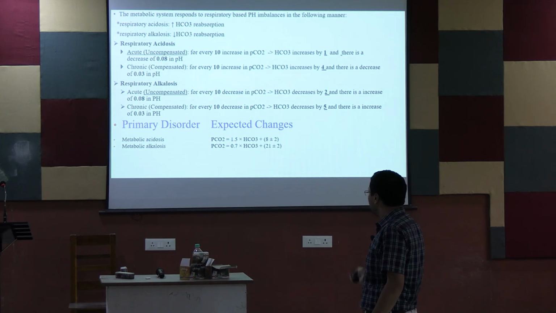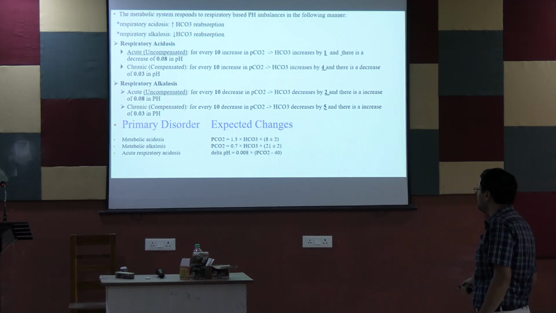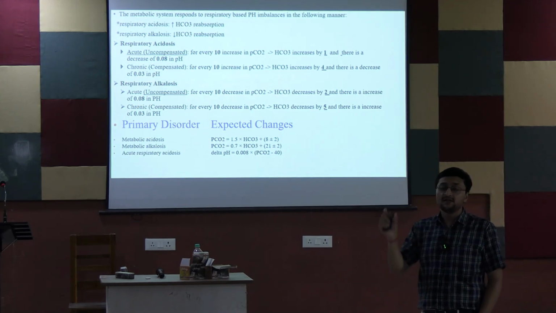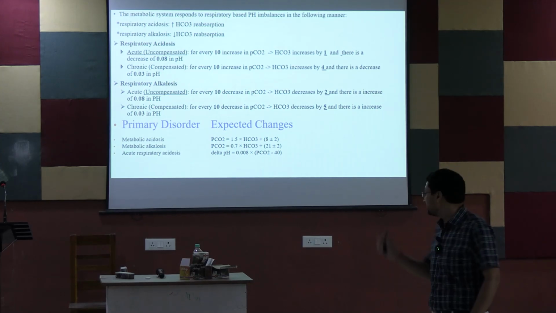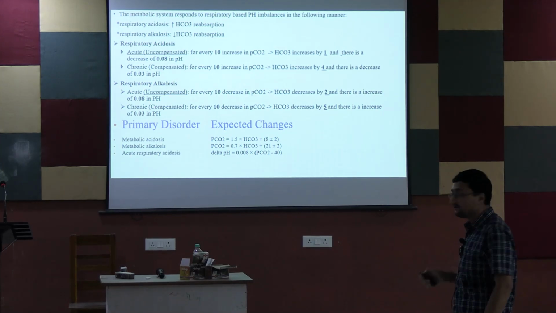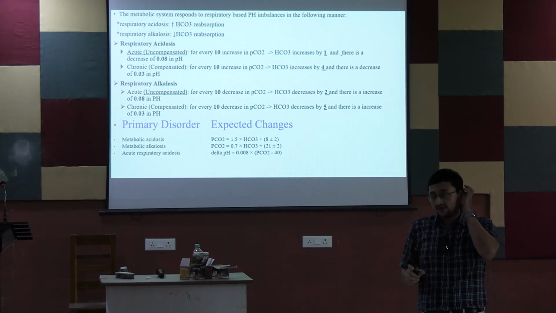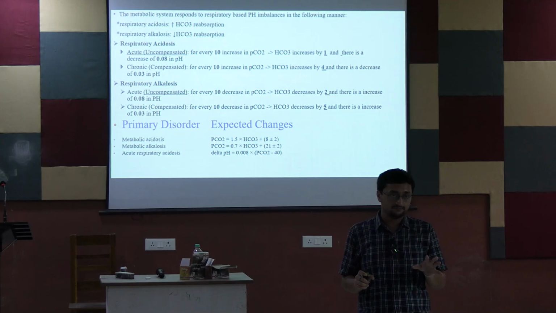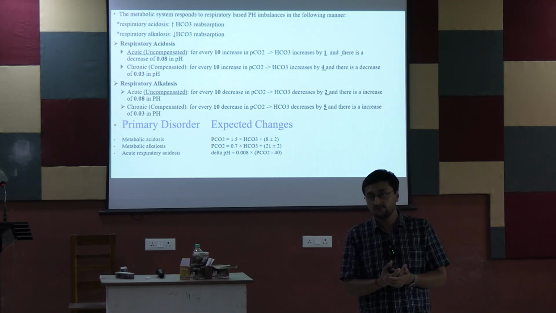So মেটাবলিক আমি পরে আসছি, আমি রেসপিরেটরিটা আগে পড়াই, তারপর মেটাবলিক। সো ইন কেস অফ অ্যাকিউট রেসপিরেটরি অ্যাসিডোসিস, ডেল্টা পিএইচ, দ্যাট মিনস চেঞ্জ অফ পিএইচ, পিএইচ কতটা চেঞ্জ হবে, দ্যাট ইজ ডিটারমিন বাই 0.08 ইন্টু PCO2, the delta PCO2 gap. Suppose PCO2 is 55, right? 55 is PCO2. তোরা বল কিরকম ভাবে হবে?